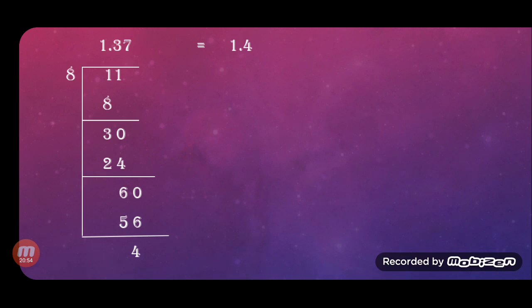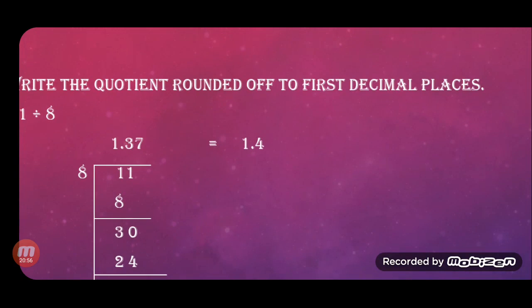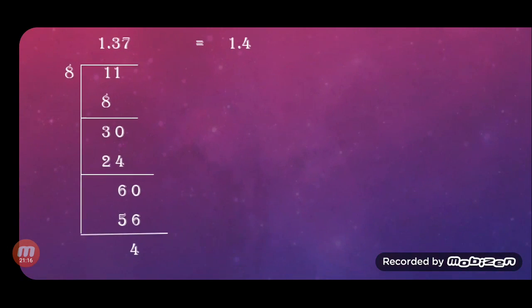And how many places number you have to find? Up to the first decimal places. So you will find up to 1 की जगह कितने places quotient निकालेंगे अब आप? 2 places. And then you will round off. Okay? So we went 11 divide by 8. 8 1 ja 8. 11 minus 8 3.